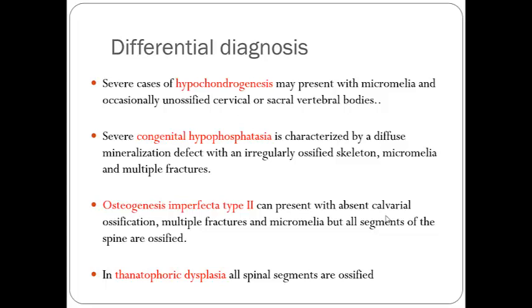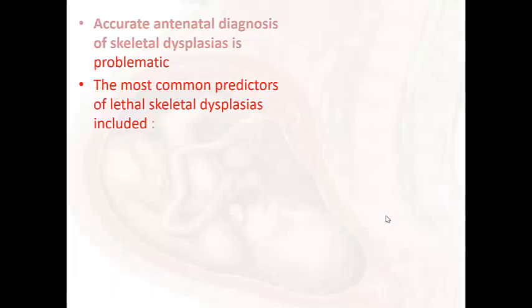Osteogenesis imperfecta type 2 can present with absent calvarial ossification, multiple fractures, and micromelia, but all the segments of the spine are ossified. In thanatophoric dysplasia, there is good ossification. It is one of the differential diagnoses, but it has good ossification of the skeleton. But we have short limbs, hypoplastic thorax, and H-shaped ribs, and these are the characteristics of thanatophoric dysplasia.